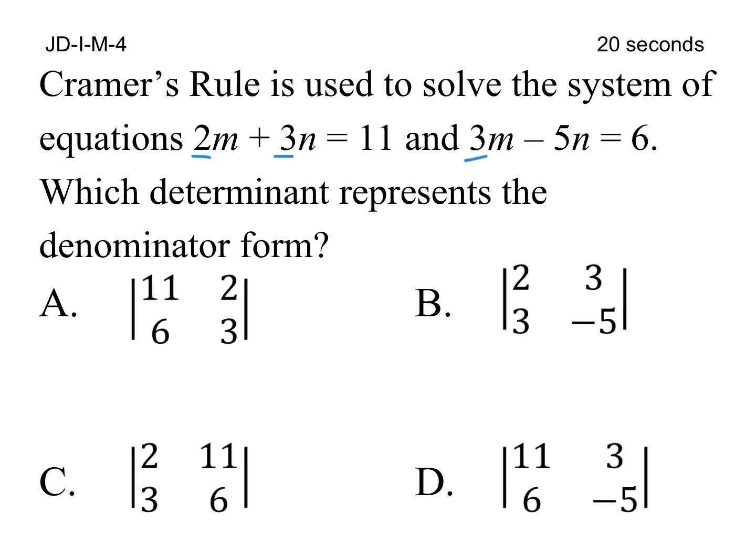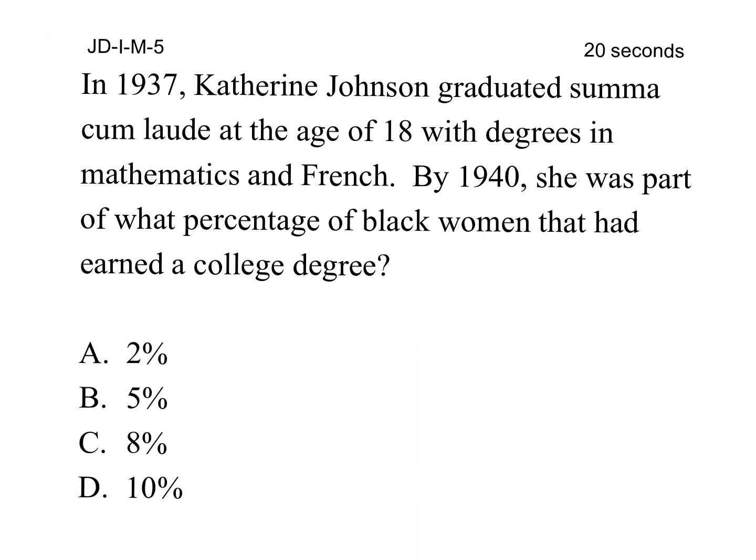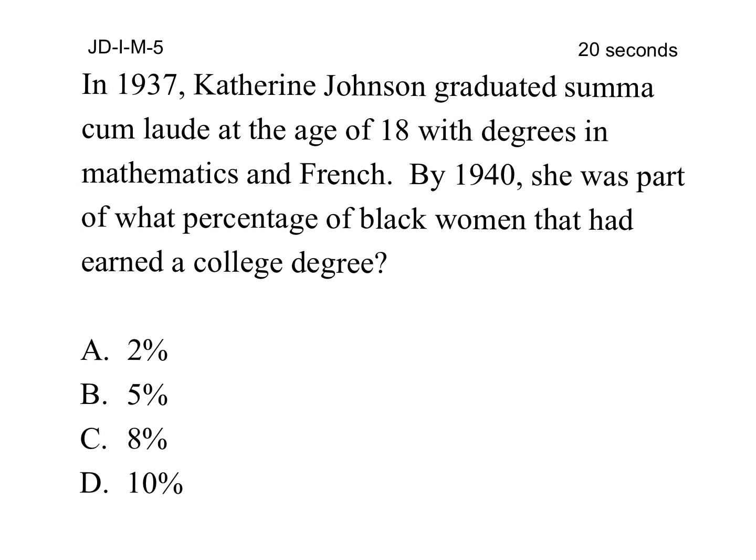So 2, 3, and then 3, negative 5. So once again, that would be answer choice B. Number 5, just a fact question here, and that is answer choice A, 2%.